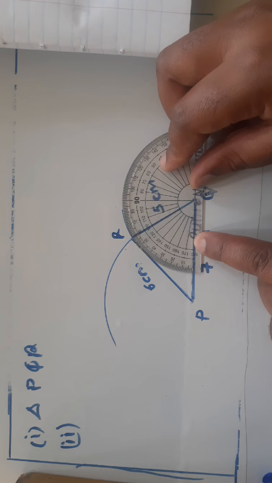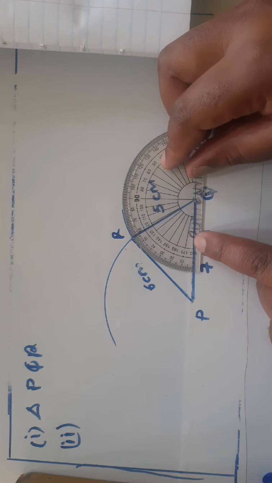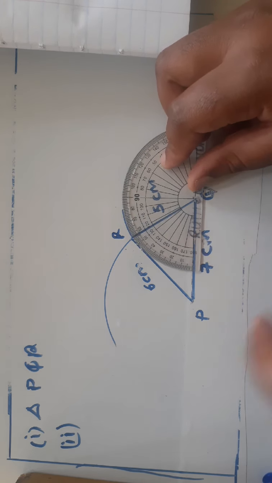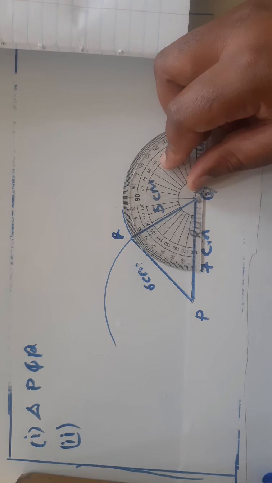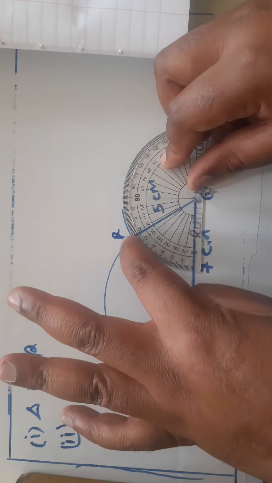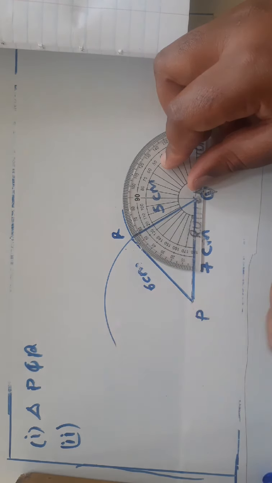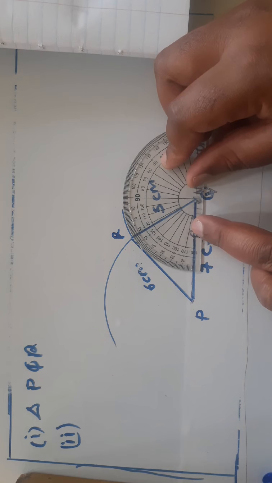Of course, the writing instrument that I've used, which is a whiteboard marker, is quite thick, so I may not be able to get the exact value here, but if you use a pencil, you'll get the correct reading.